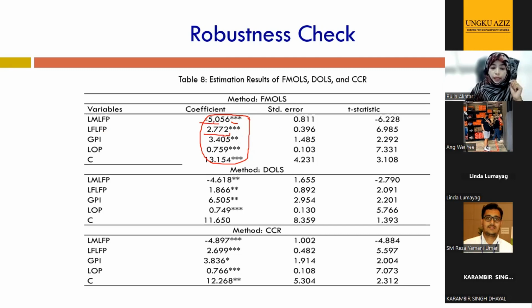Do you remember these things in our case? In the long-run relationship, male labor force participation was negative but significant, and female labor force participation was positive and significant. Meaning that if our long-run ARDL model and this value are similar, then we can say that our model is robust. This is supportive. We can support this model.